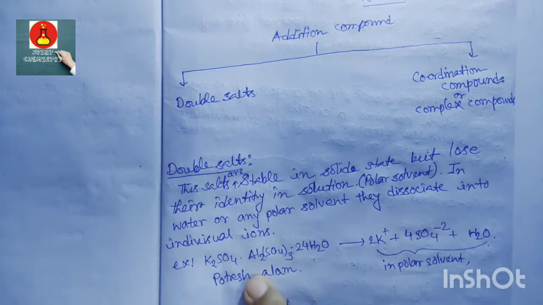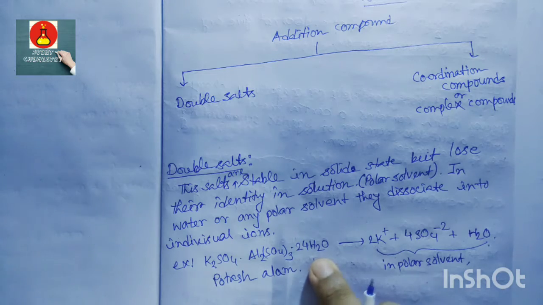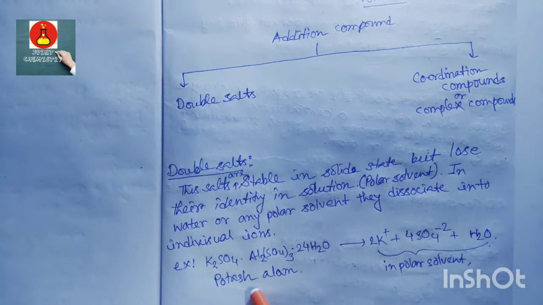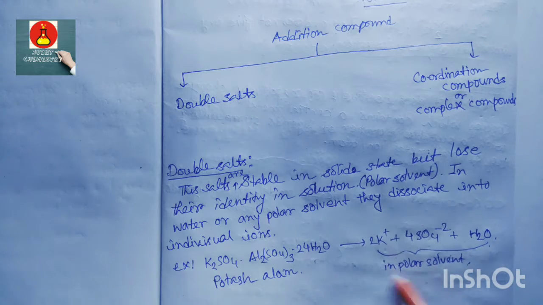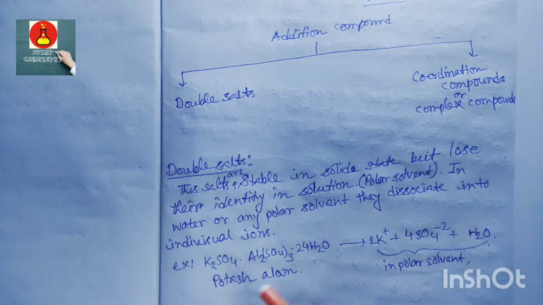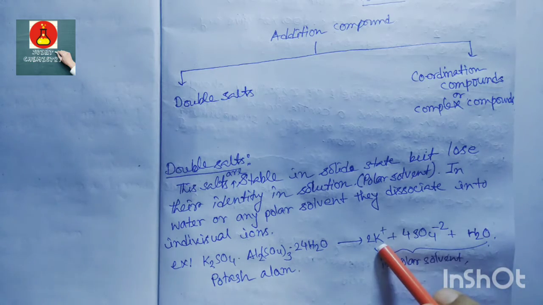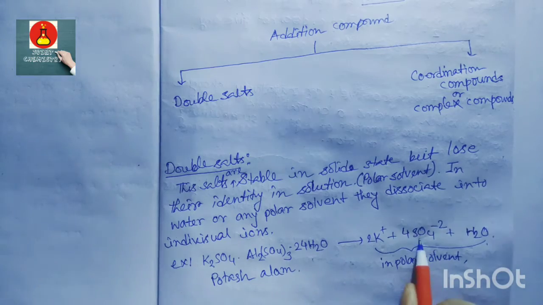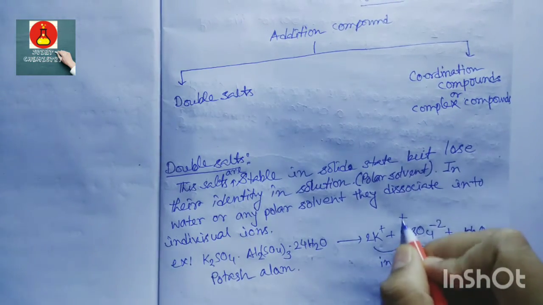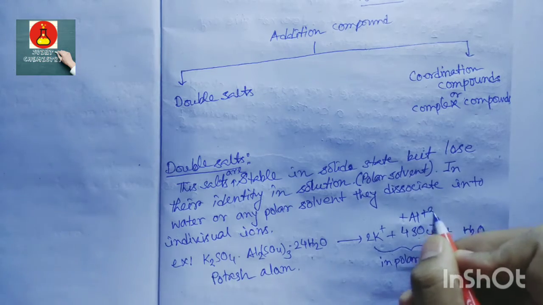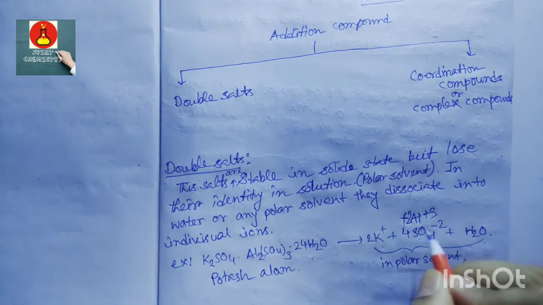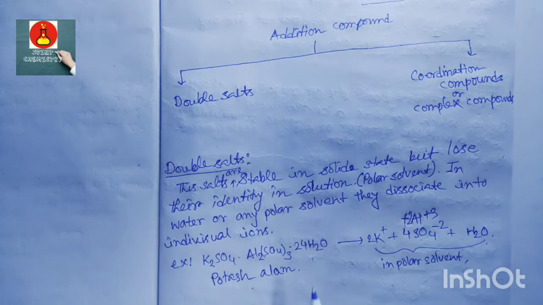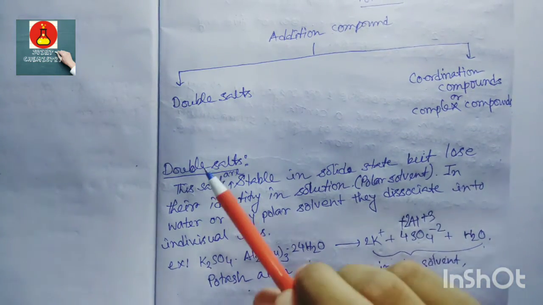For example, potash alum, K2SO4·Al2(SO4)3·24H2O, dissociates in water: K2SO4 dissociates into potassium plus and SO4 minus 2, and Al2(SO4)3 dissociates into SO4 minus 2 and aluminum plus 3. So potash alum fully dissociates into its individual ions in a polar solvent. So these are double salts.